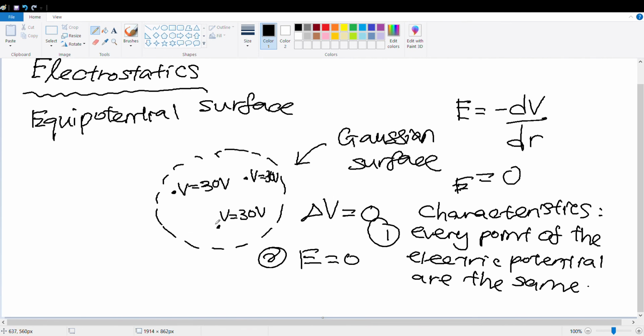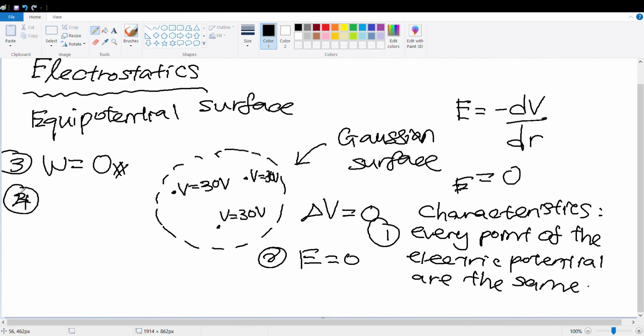As for the third one, since the potential difference is 0, I can conclude that the work done is also 0, which is the electric potential energy. This work done is the electric potential energy, since it is in the region of the electric field. Since the electric field strength is 0, the work done is 0.